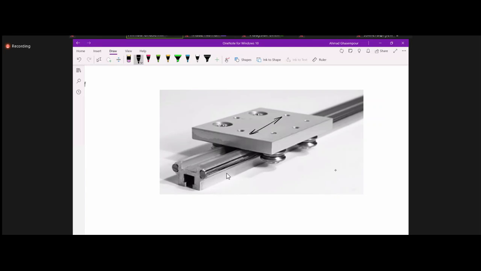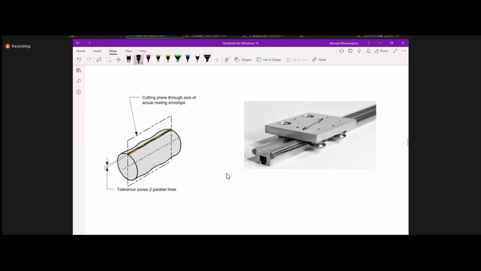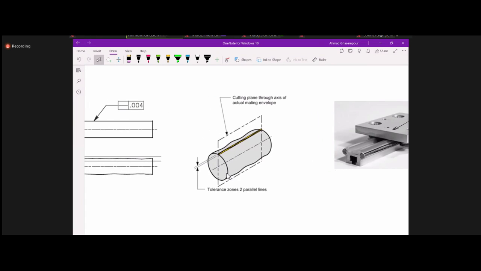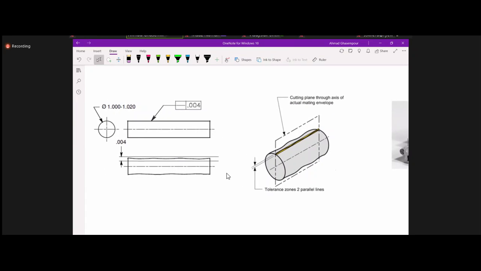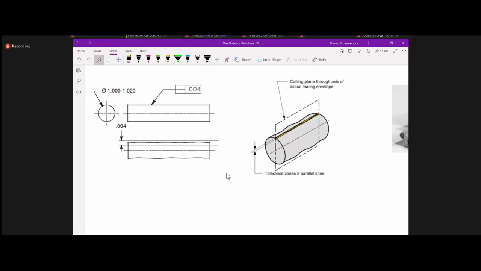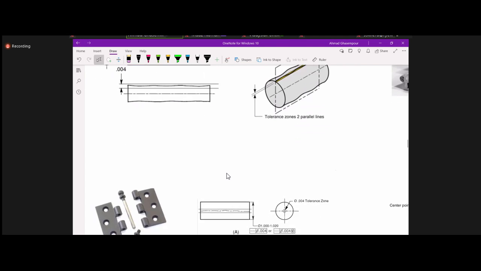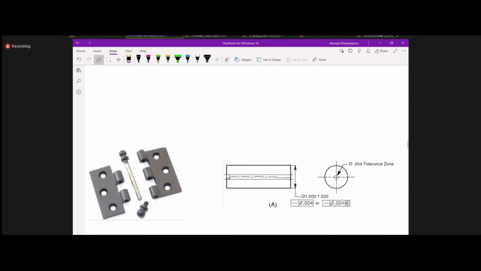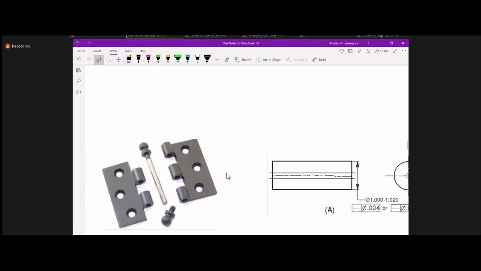surface line. All in all, the straightness applied to a surface is not very commonly used because it doesn't have a lot of applications. One place it has a very good application is when you want to control the straightness of an axis of a cylindrical object, like a pin, right?